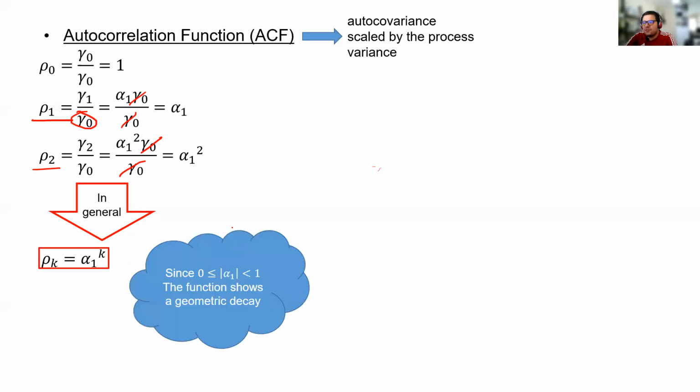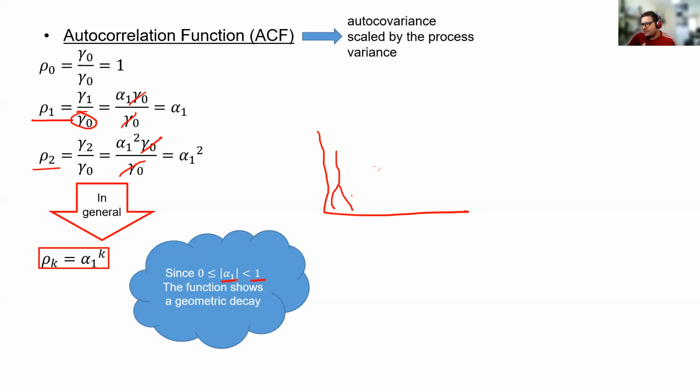And this function will look like a geometric decay, since alpha 1 cannot be lower than -1 or higher than 1. This is always going to be a 0 point something number or a negative 0 point something number. And when they are elevated to a higher power, they will become increasingly smaller. So they will look something like this. It will start at a point, and oops, sorry, this is hopeless.